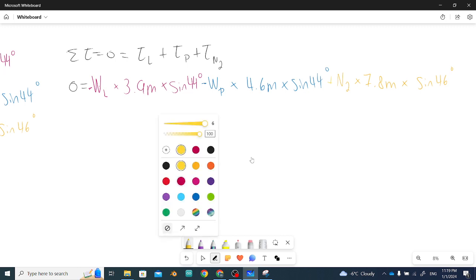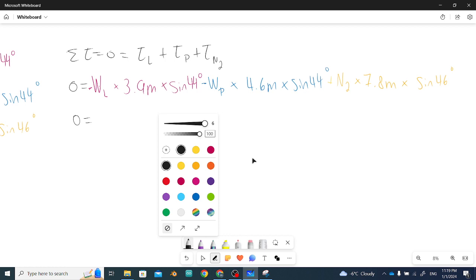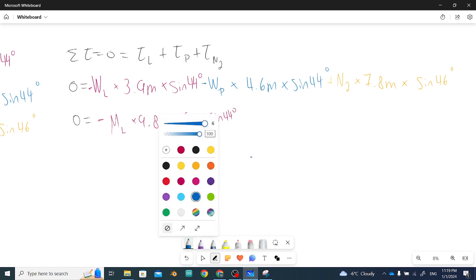let's simplify everything to the lowest form. So the weight of the ladder, we can change that into the mass times 9.8. So that would be negative, and then mass of the ladder times 9.8 times 3.9 meters times sine of 44. And then do the same thing for the others.